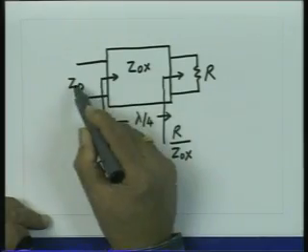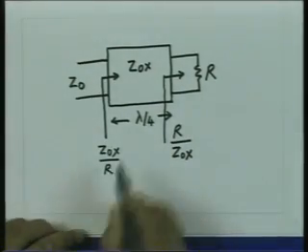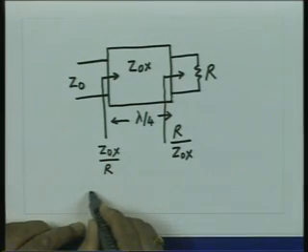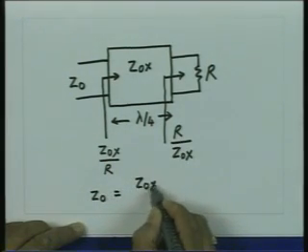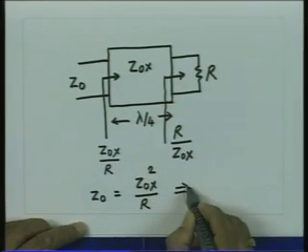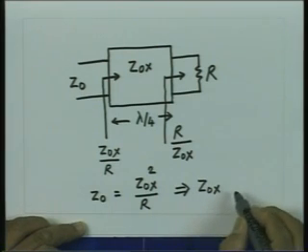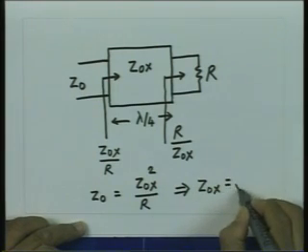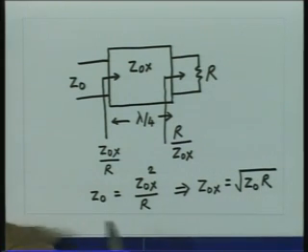This impedance for matching should be equal to Z0. So, now we have a condition that for the transforming unit Z0 should be equal to Z0x squared divided by R, or in other words Z0x, which is the characteristic impedance of the transforming unit, is the geometric mean of the two resistances to be matched.